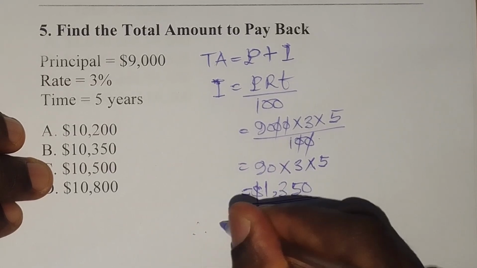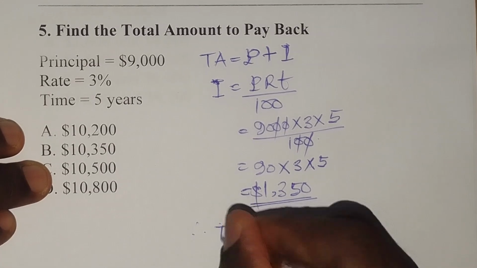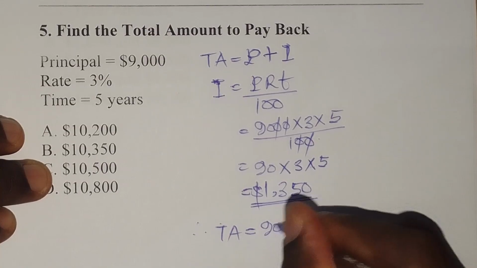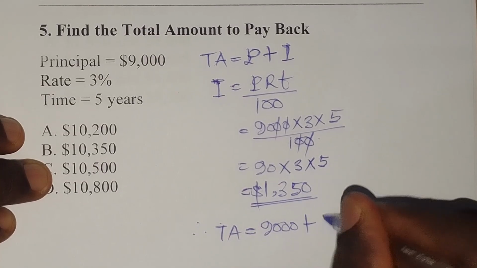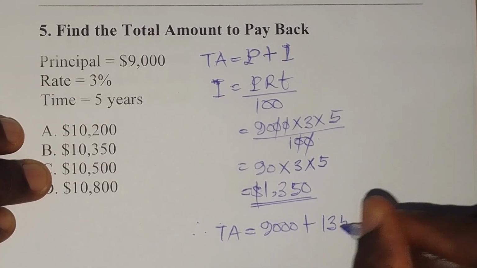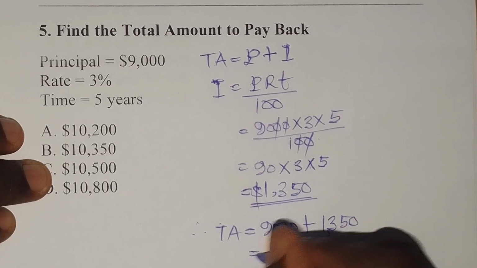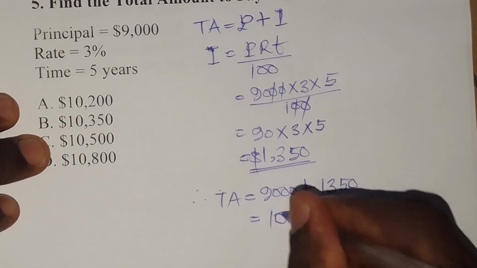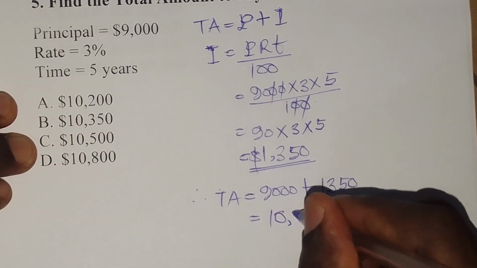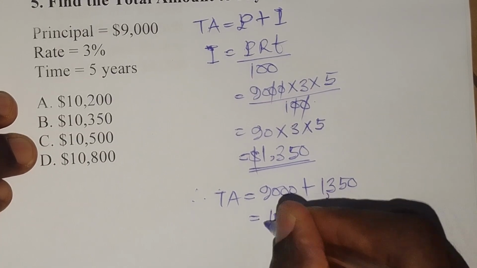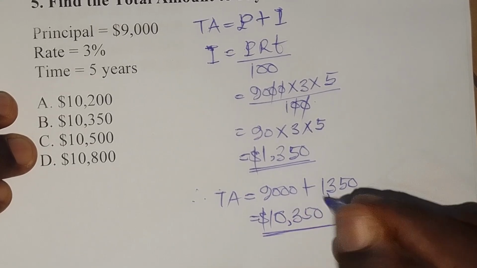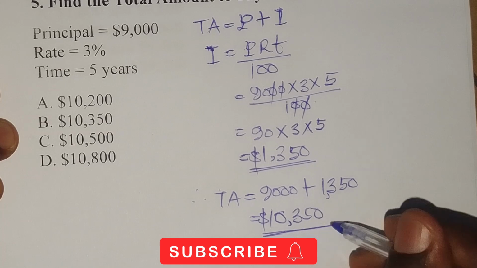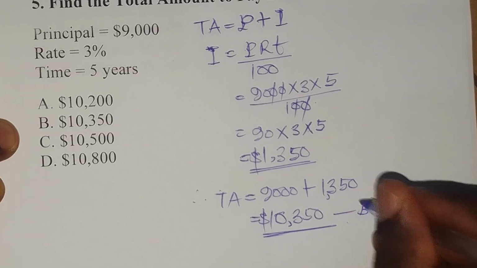So therefore the total amount will be equal to the principal, $9,000, plus $1,350, and that gives us $10,350 as our final answer. So the total amount to pay back after the 5-year period is $10,350, which is B.